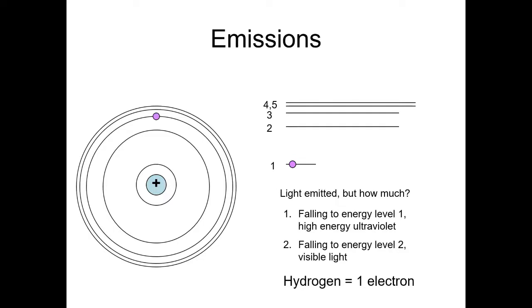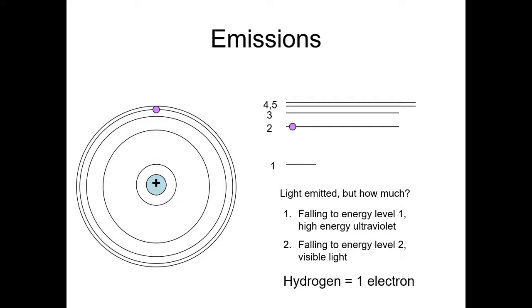Now, what if it went from energy level 3 just to energy level 2? That is going to be a smaller amount. So it's going to be visible light and it would appear as red. If we moved from energy level 4 to energy level 2, it would be a greater energy than the red, but not as much as the ultraviolet, because most of the gap between 3 and 1 is that big space between 1 and 2.